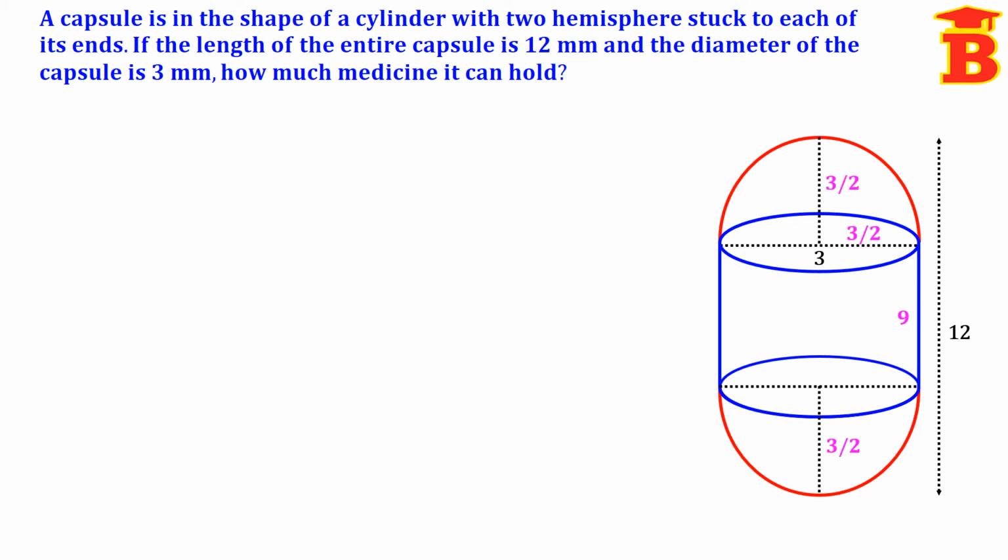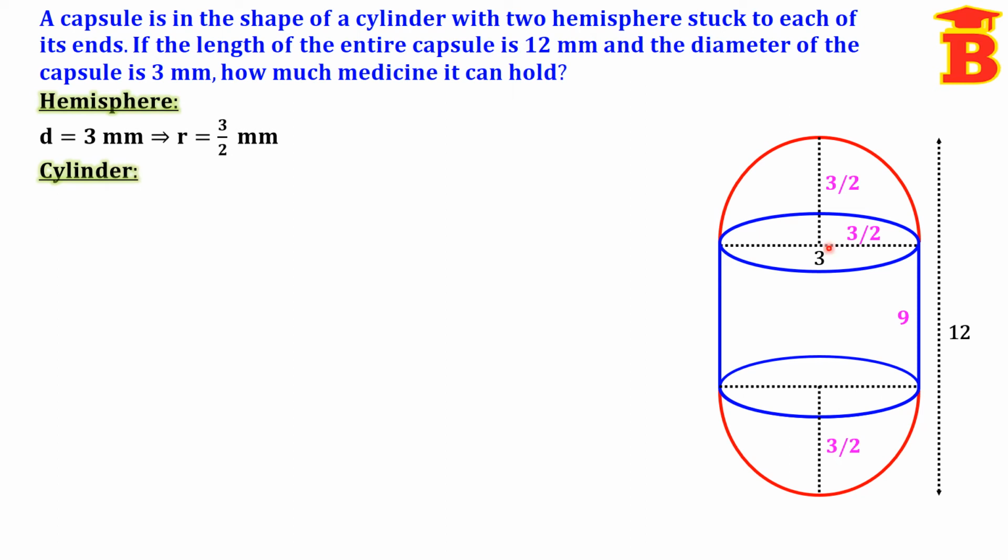Now let us write the given information. For the hemisphere, the diameter is 3 mm, which means the radius is 3 by 2 mm. Next, the information about the cylinder.